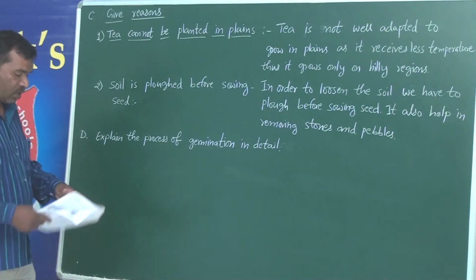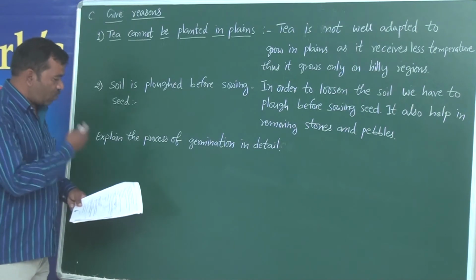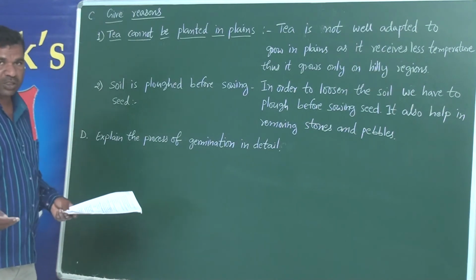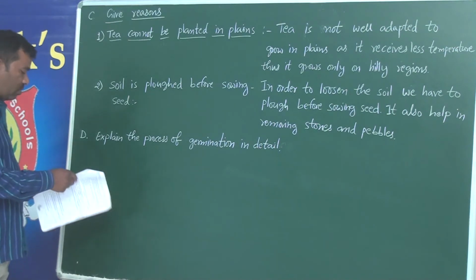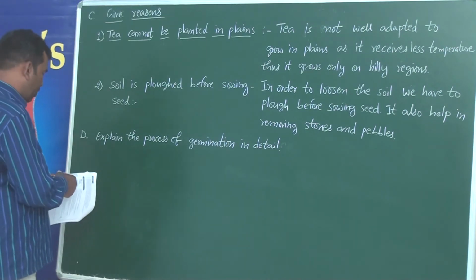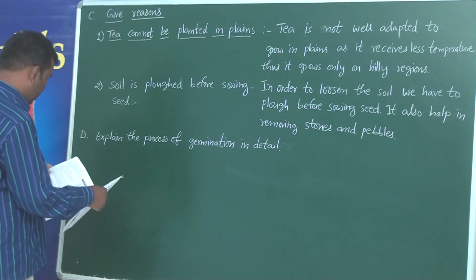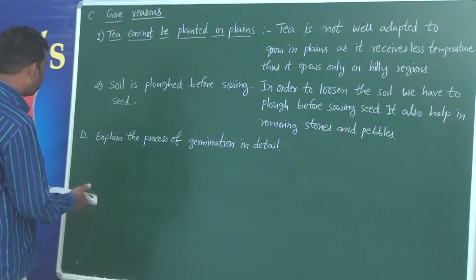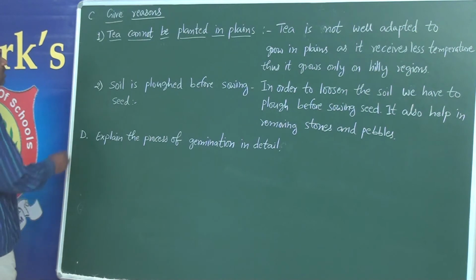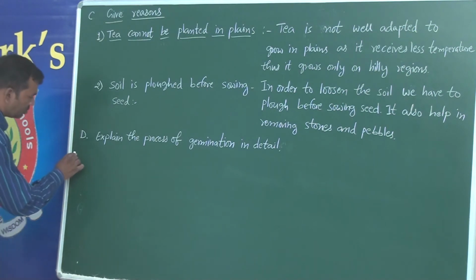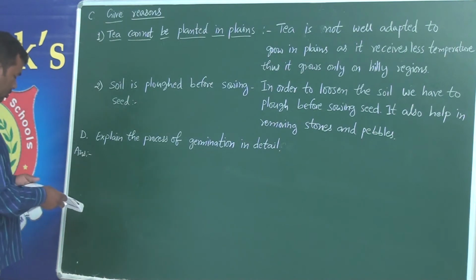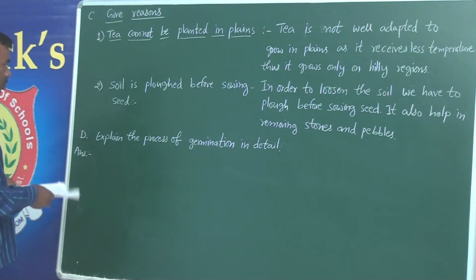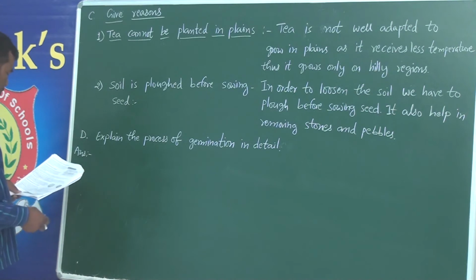As the question requires long answers, we enlarge our answers by adding a few pieces of information regarding this germination, right? So our answer is, first we need to define germination.